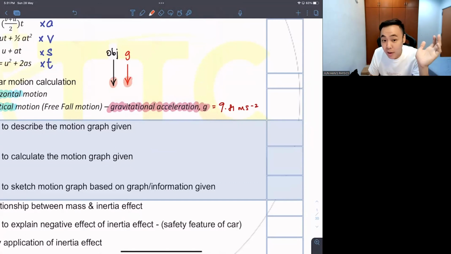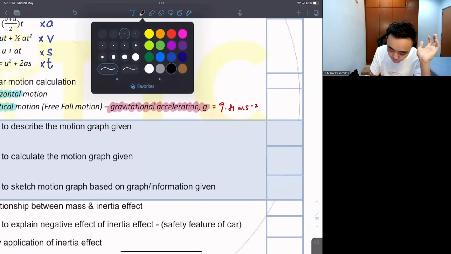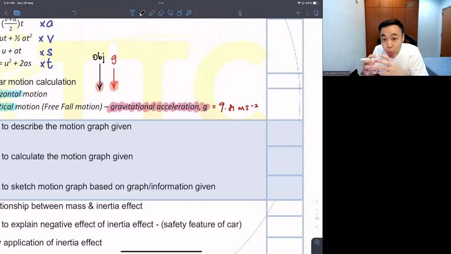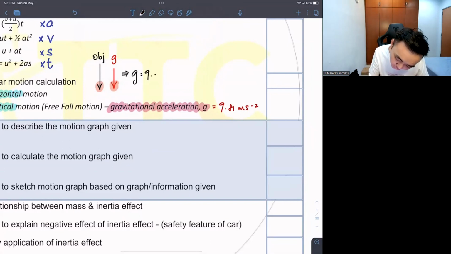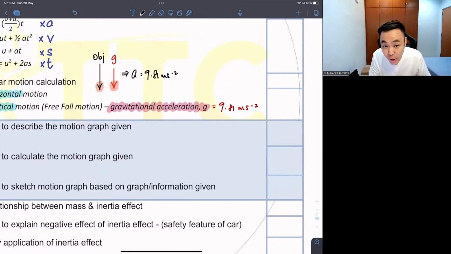Are they in the same direction? If they are the same direction, the gravity will help you, meaning it causes acceleration. So you put 9.81 as positive because you are going the same way as gravity. So we take positive all the way.